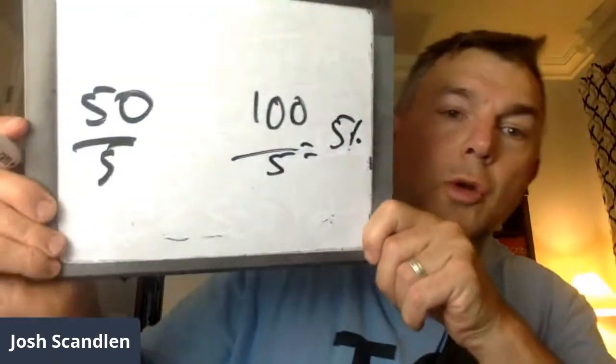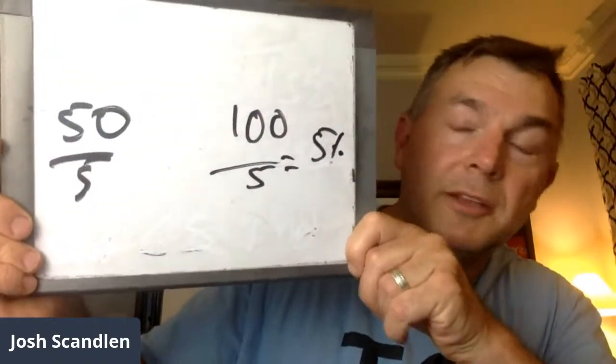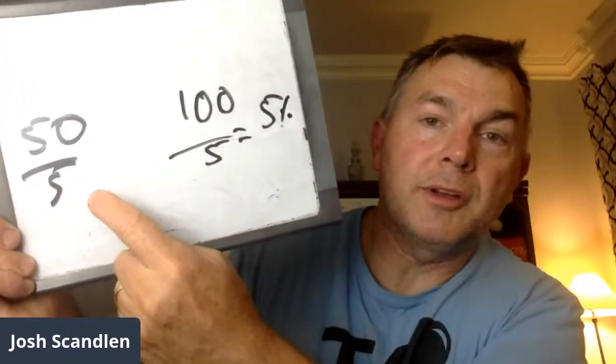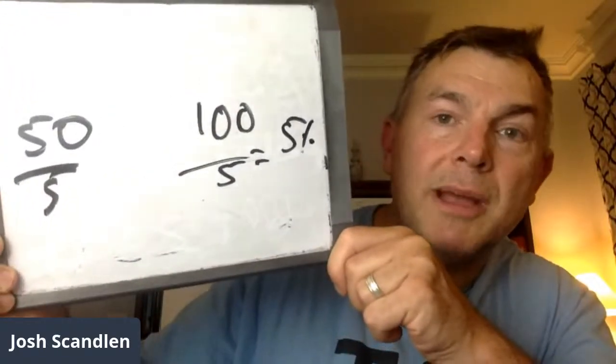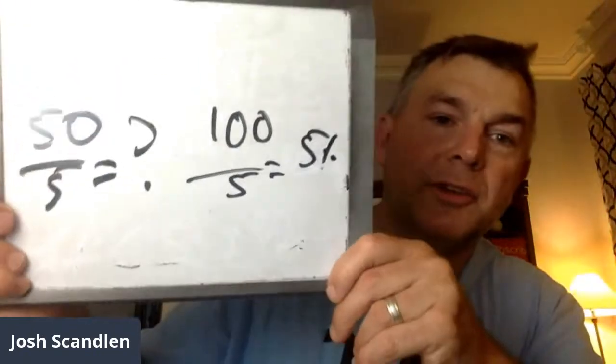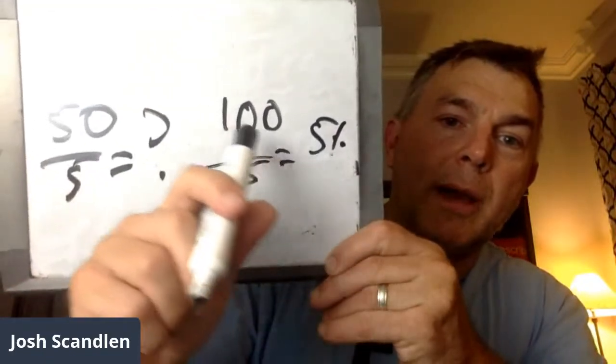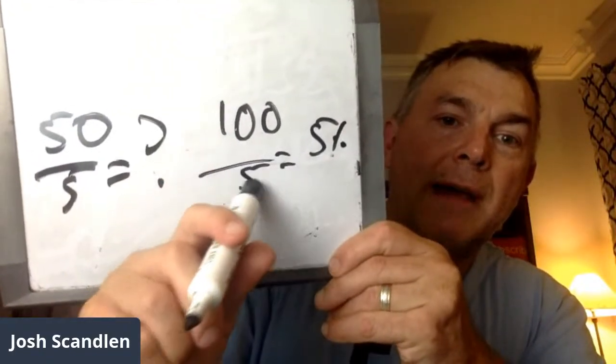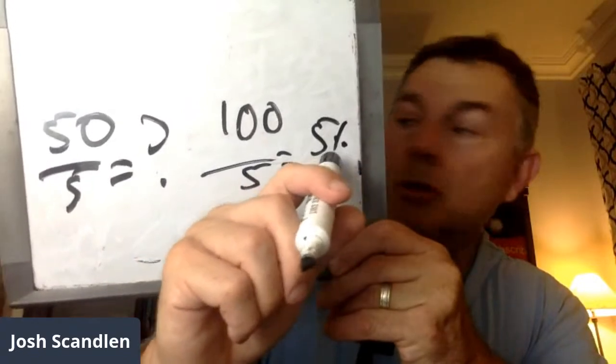I still have a $5 dividend. Who wants to take a guess? What is my dividend yield? So again, $100 price per share, $5 dividend, 5% dividend yield.